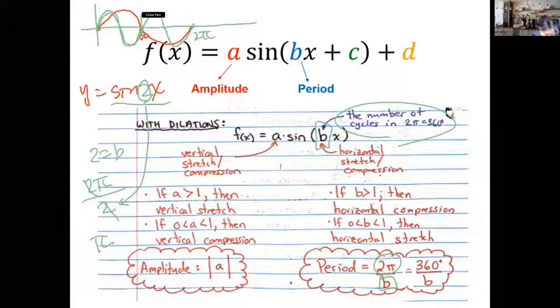So now this is 1 period of the newly transformed equation. So the B value is involved with horizontal stretch or compression. In this case, we observed how it works with compression, right?